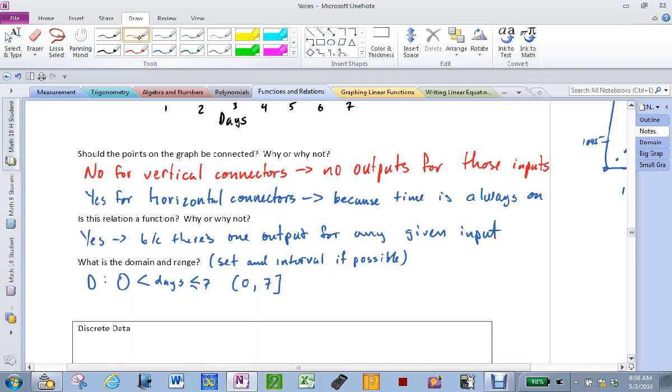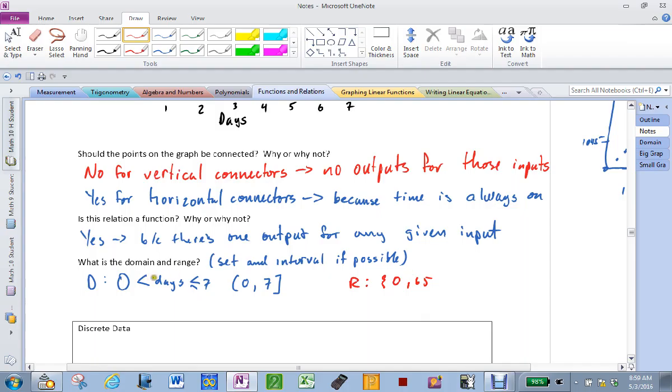What's the range? Zero. Then what? Notice how I'm not even showing you the graph. You can see the graph. What's the next available range value? 65. There's nothing in between, is there?